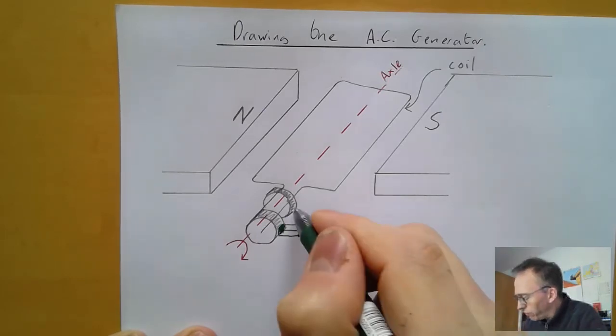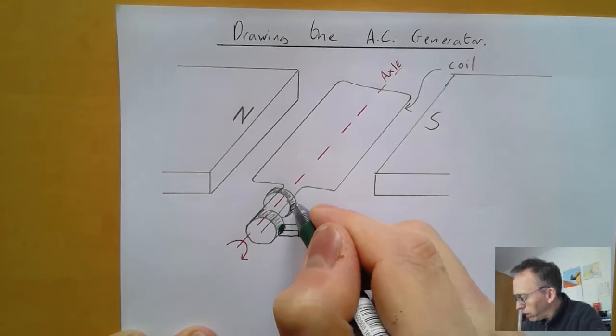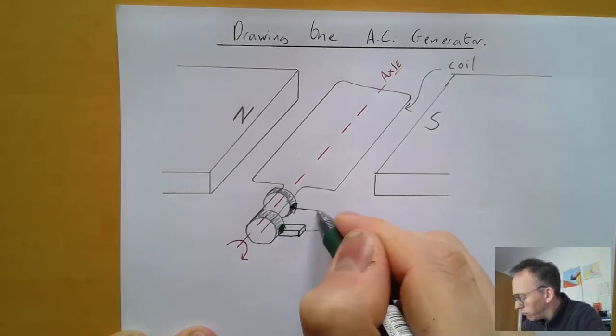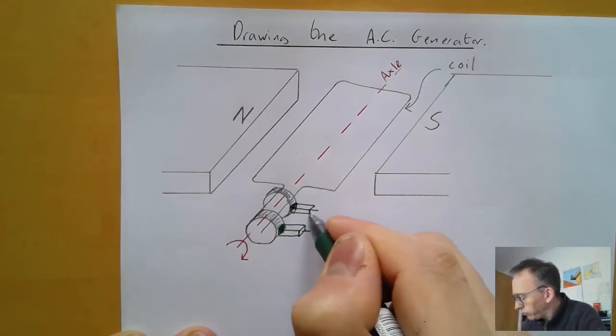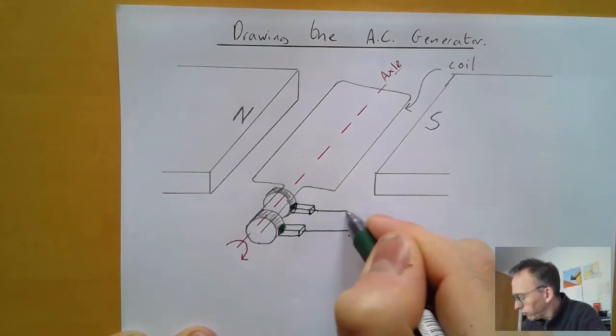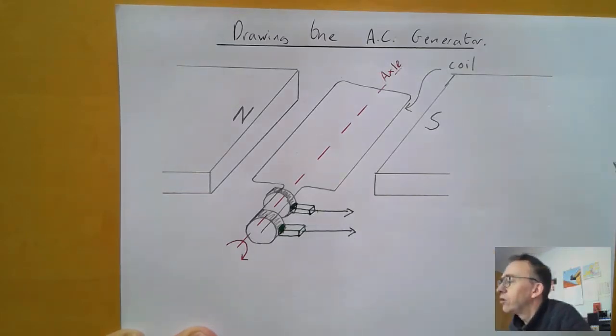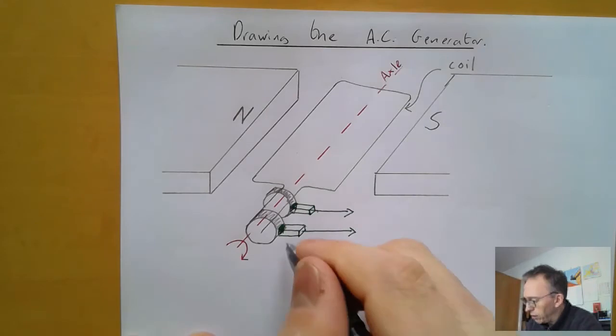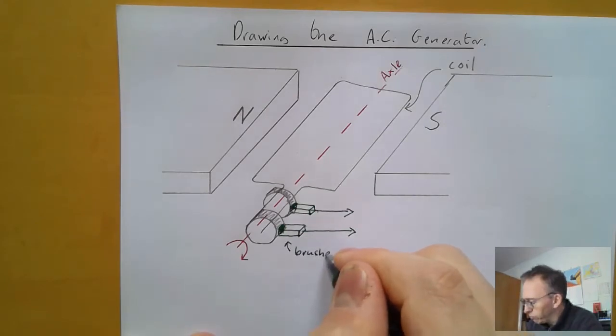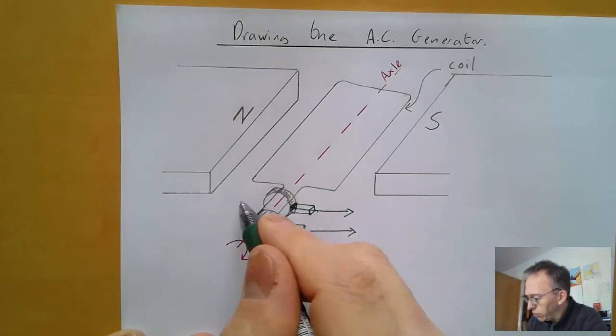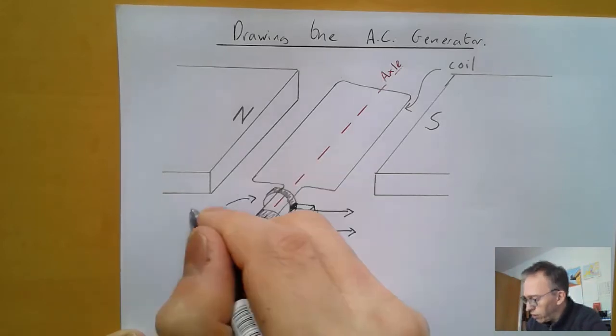So there's one, and the other one would be round about here, something like this. So we'll label those as brushes, and these are slip rings.